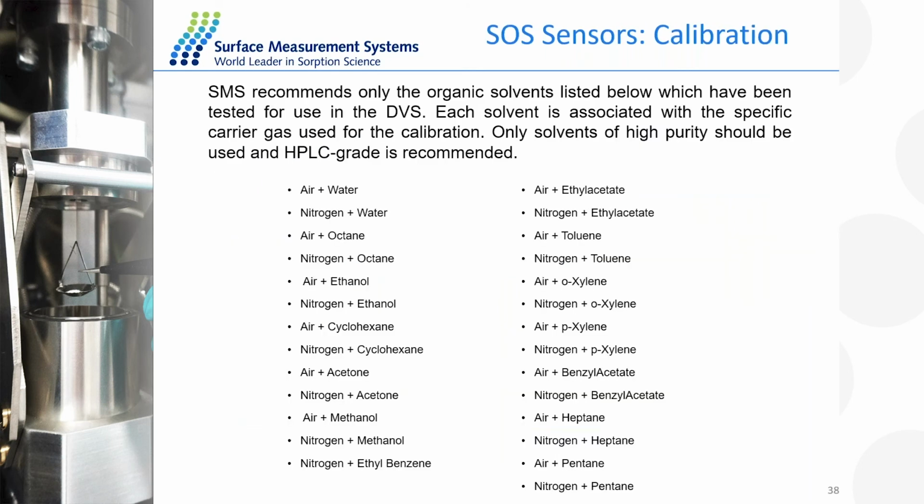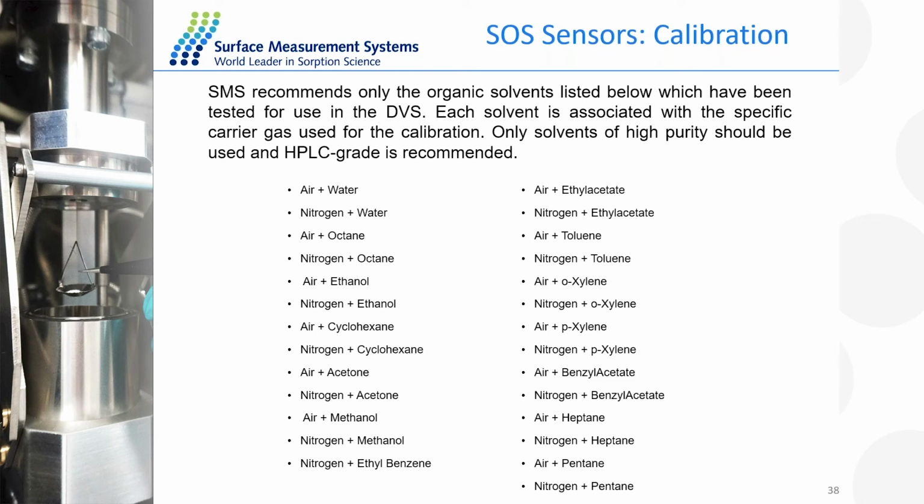Now, by using this process, we have built up a series of calibrations for specific solvent plus carrier gas combinations. So we have octane, nonane, acetone. We have about 22 different organic solvents that we can use in different combinations with our specific carrier gas to perform our experiment. Again, this is not a limited library.